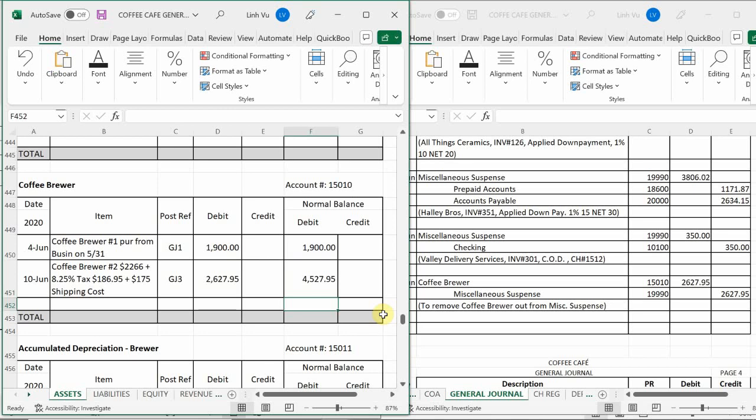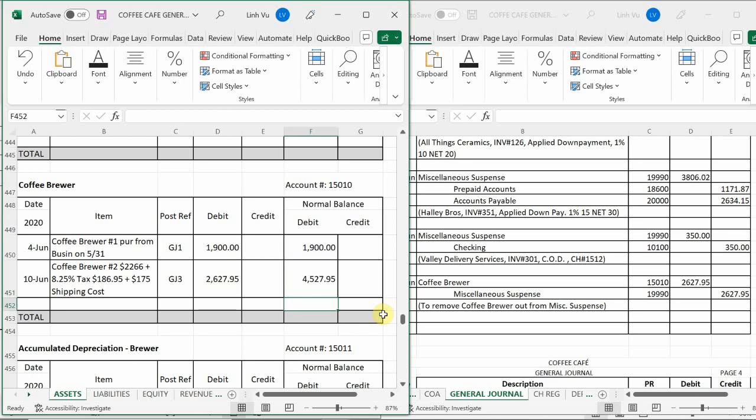For me to remove my account from miscellaneous expense to a coffee brewer account, did that require somebody to do that for me? No. So you didn't hire somebody to move it from the miscellaneous expense account to my coffee brewer account.